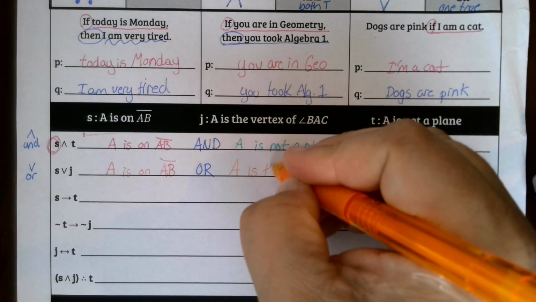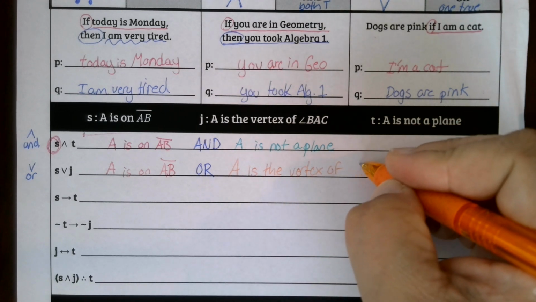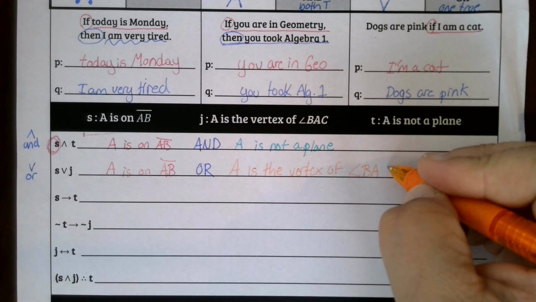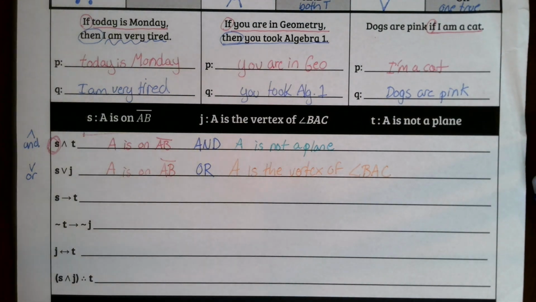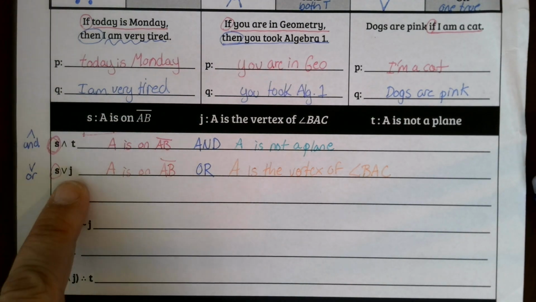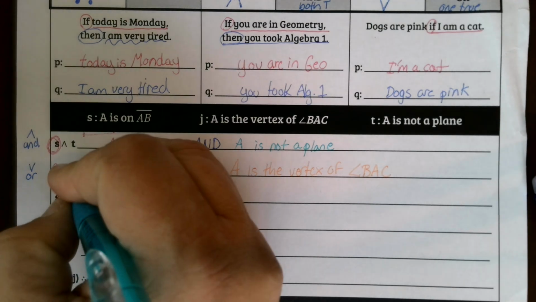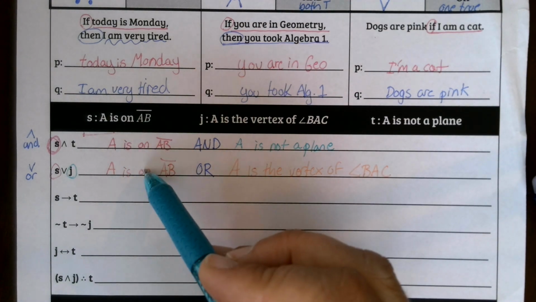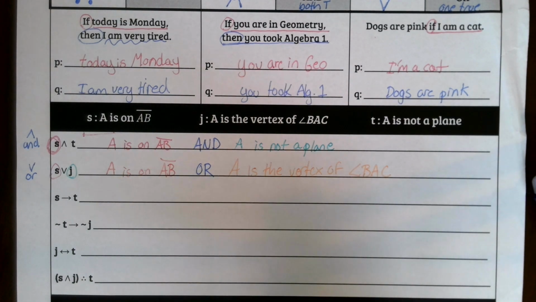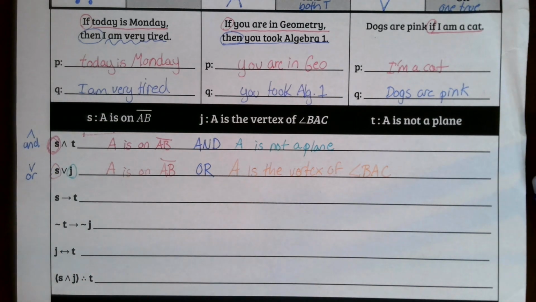A is the vertex of angle BAC. Okay. So here we started out with S, and then we have the or, okay, and then we ended with our statement J, just right here. See how we're using the same statement for S each time? And what's making a difference is which statements we put together and also which ones we use.